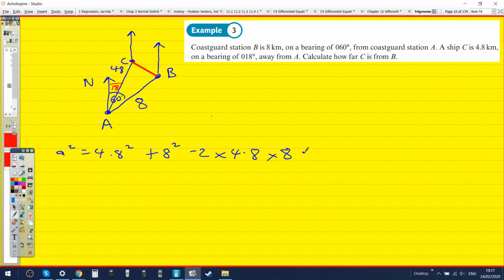Oh wait, we need this angle in here, so will that be 42? Yep, I believe so. 42. And then you'd square root your answer.